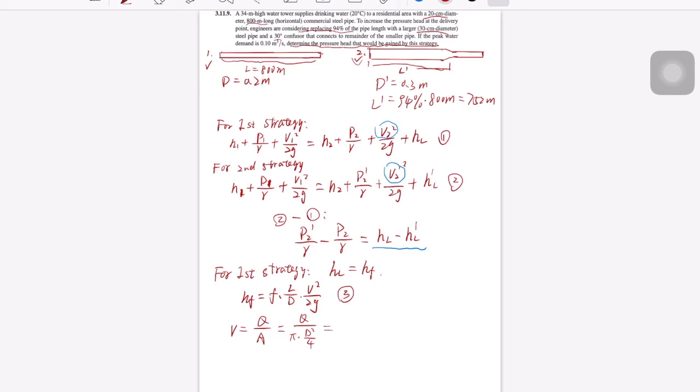So the value, because we know the Q equals 0.1 cubic meter per second, and pi times 0.2 squared divided by 4. So the value is 3.18 meter per second.